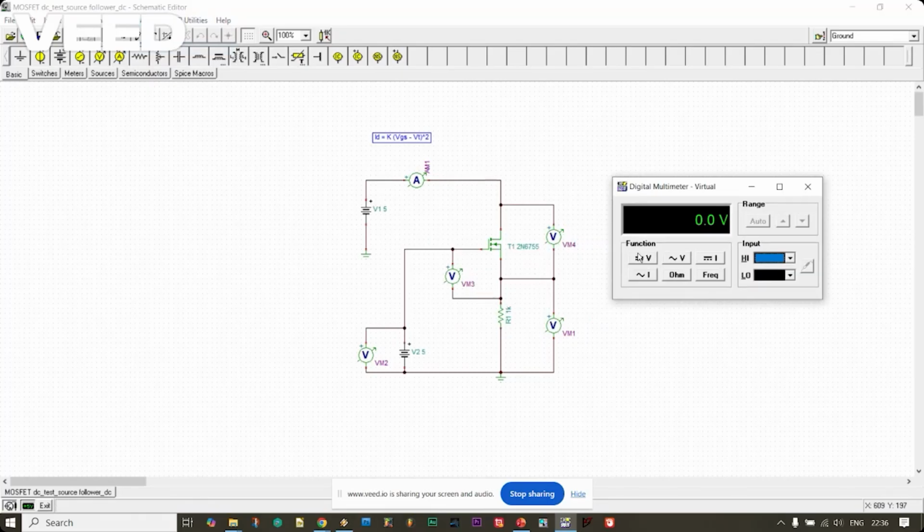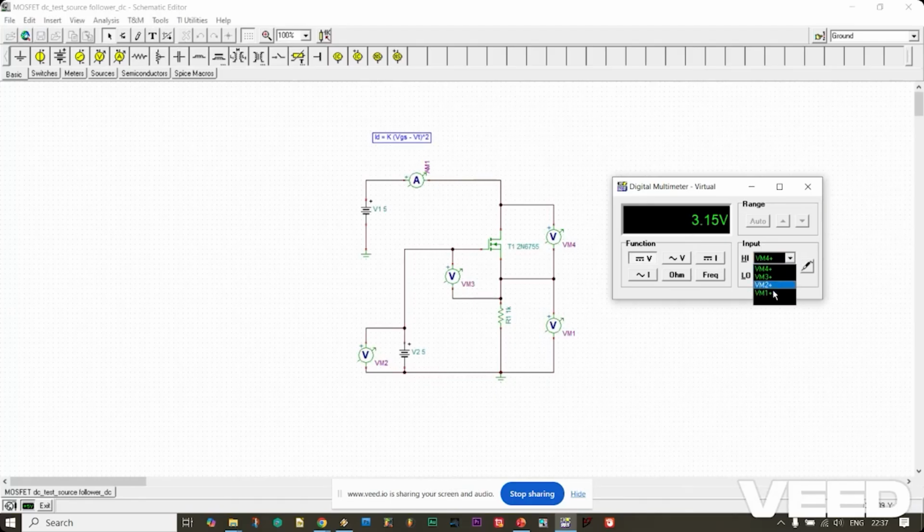VM4 is 3.15 volt, that is VDS, and VM1 is 1.85, the output voltage. VM2 is 5 volt, the input gate voltage, and VM3 is 3.15.